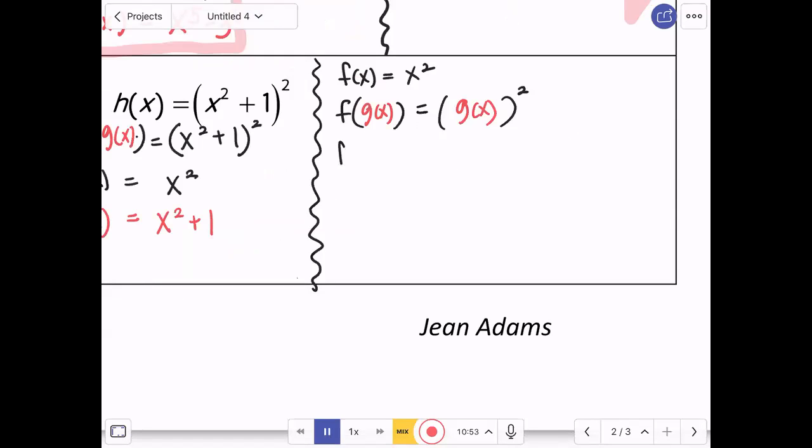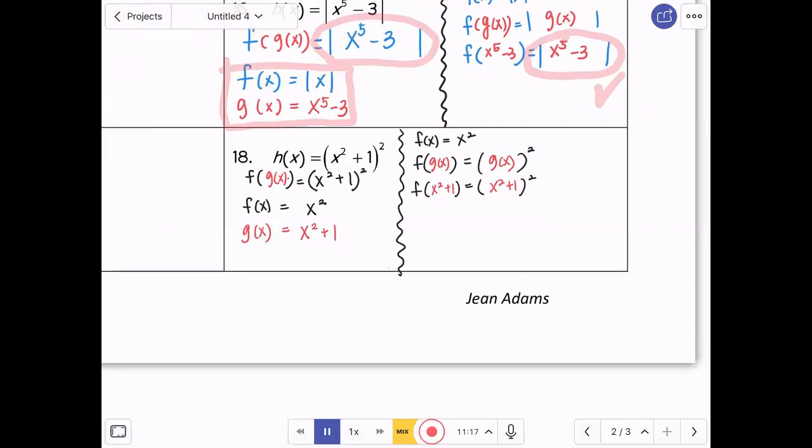So it will be x squared plus 1, all squared. Yes, we see the same function as at the beginning. So we prove that f of x is equal to x squared and g of x is x squared plus 1.